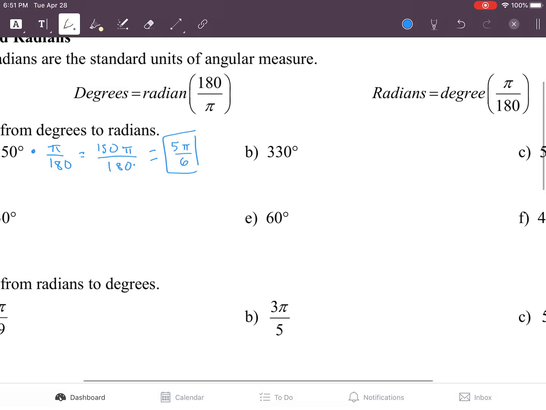All right, so we go to 330. You multiply that by pi over 180, you get 330 pi over 180. Again, you take 330 divided by 180 on your calculator, convert it to a fraction using Math, enter, enter, and you'll get 11 pi over 6.